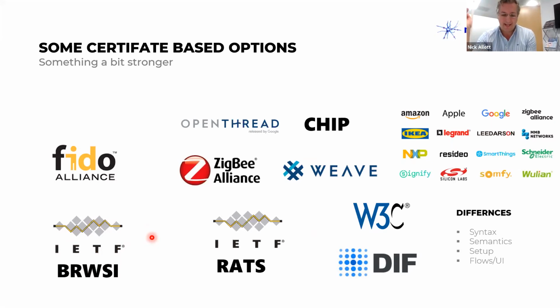They have some good, strong underlying security primitives, but what does it mean? What the RATS work is doing is really looking at how you authenticate the device type largely. How do you remotely attest to the integrity of the physical device? There are some interesting parallels between what RATS are doing and what FIDO is doing.